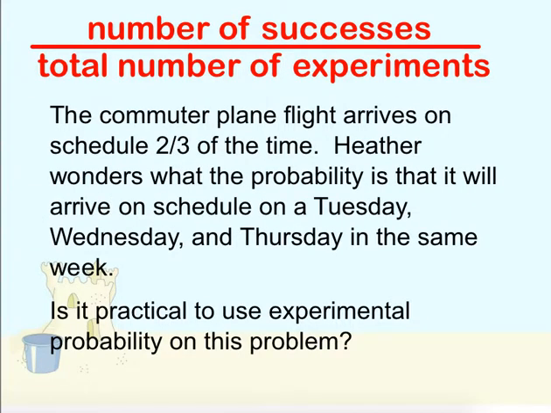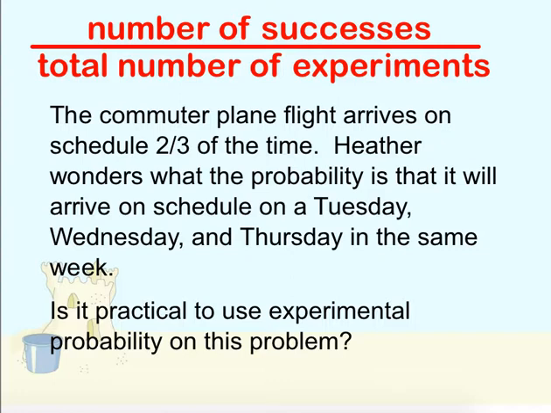Now, let's think about this example. The commuter plane flight arrives on schedule 2/3 of the time. Okay? Heather wonders what the probability is that it will arrive on schedule on a Tuesday, Wednesday, and Thursday in the same week. Is it practical to use experimental probability on this problem? What we're really looking for is what experiment would we have to set up in order to figure this out?